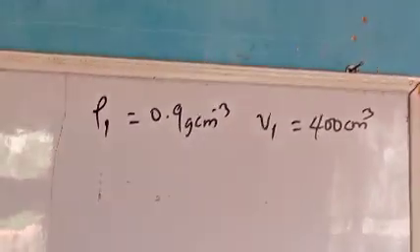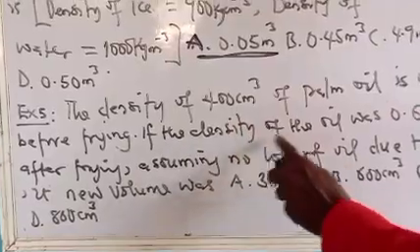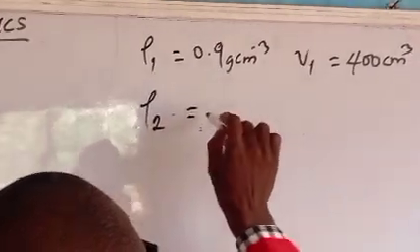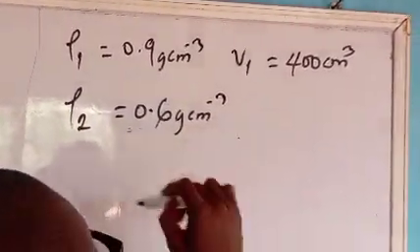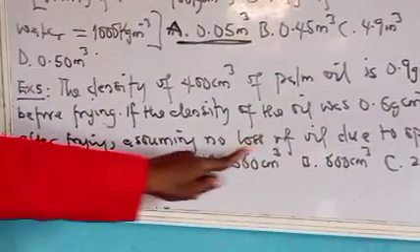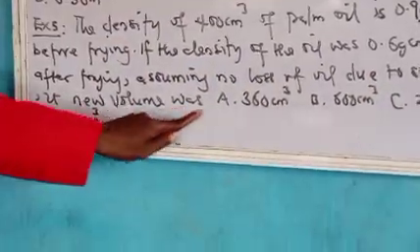That is what is given before frying. Now, he said if the density of the oil after frying, that is the final density, D2, is equal to 0.6 gram per cm cube after frying. He now said V2 is what? Assuming no loss of oil due to spilling, its new volume was, that's the question now.